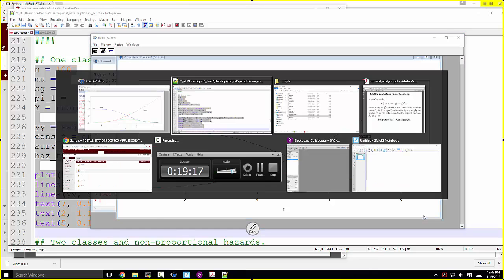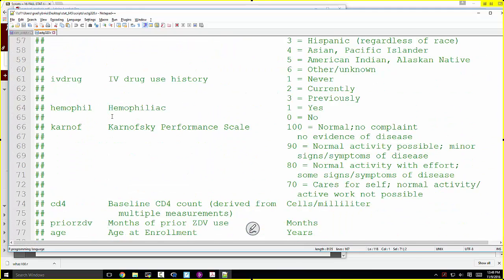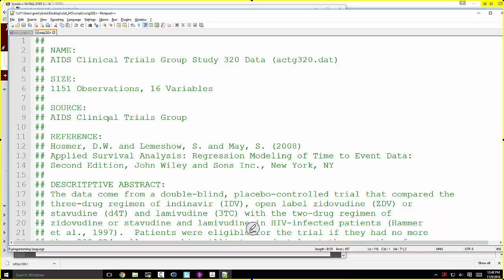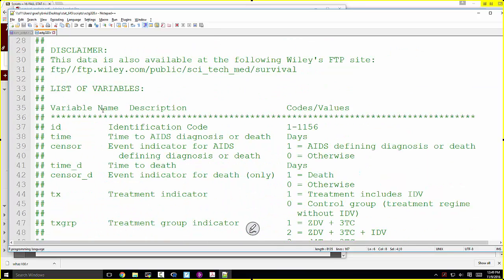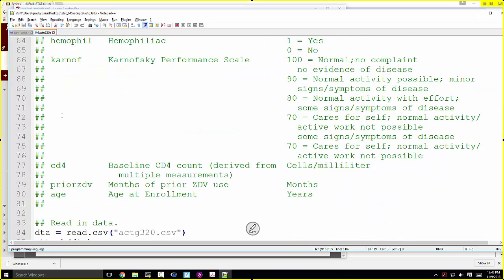So let's go to the ACTG data real quick. These were AIDS patients in a clinical trial. 1,151 individuals, 16 variables, and we have event time, we have censoring indicator, and a bunch of covariates.